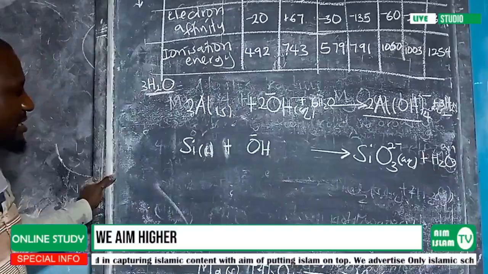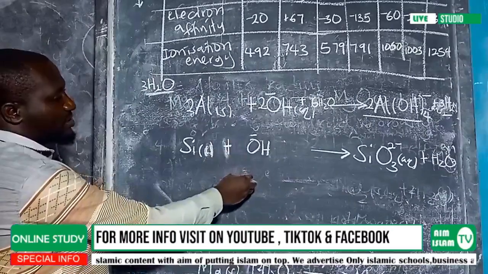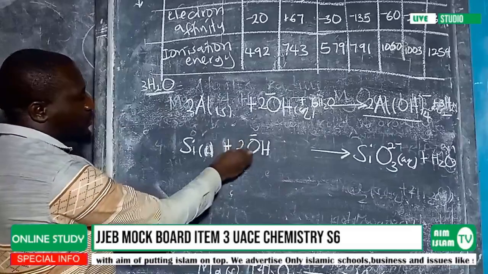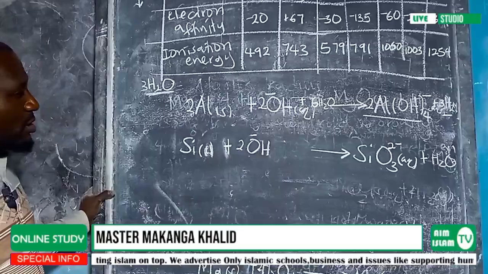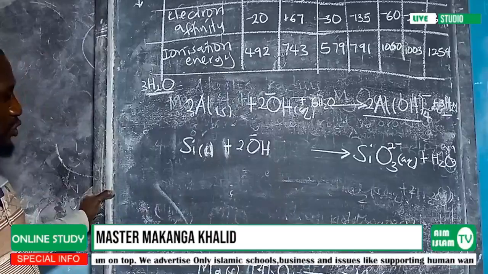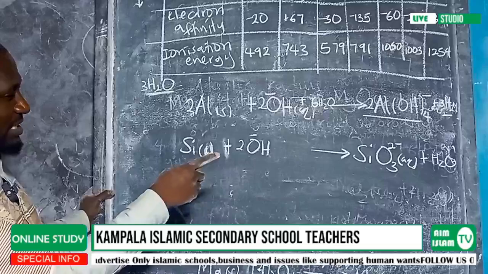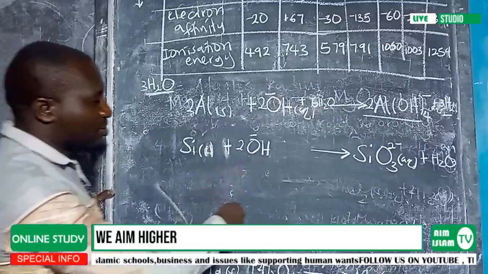You need to balance. How do you balance this one? Let us balance this and we'll see. This one is multiplied by 2. Then multiply it by 2. Water is on that side or this side? You have plus hydrogen gas.